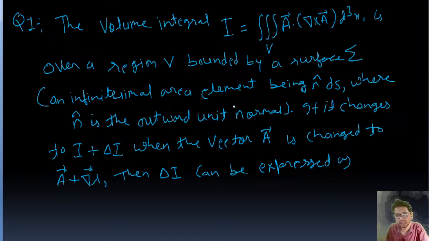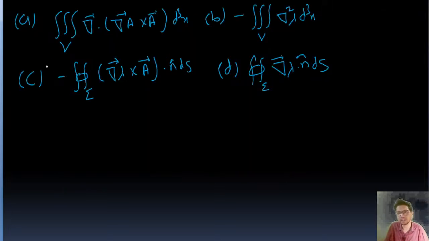When vector A changes to A plus gradient lambda, I changes to I plus delta I. Then we need to find delta I. These are the options given. I'll solve it using vector properties.